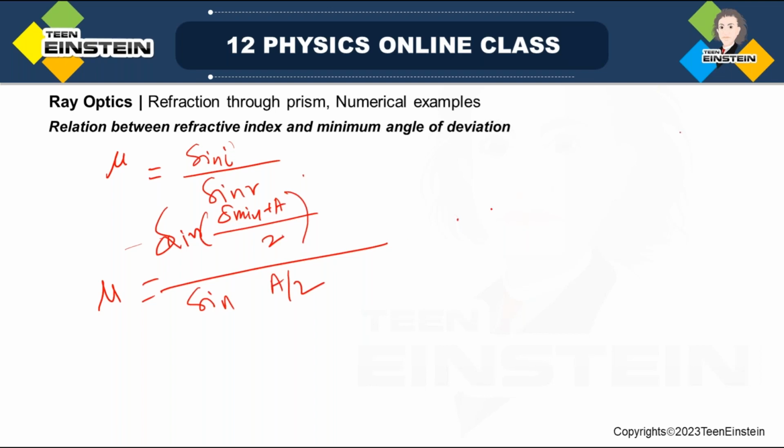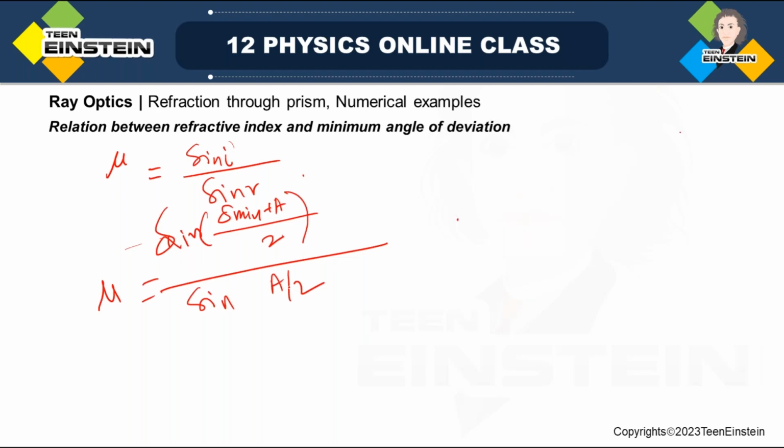Okay, so we have got this formula: mu is equal to sine of delta minimum plus angle of prism divided by 2, that is the angle of incidence, and then sine A by 2, that is the angle of refraction. So this will give you the idea.